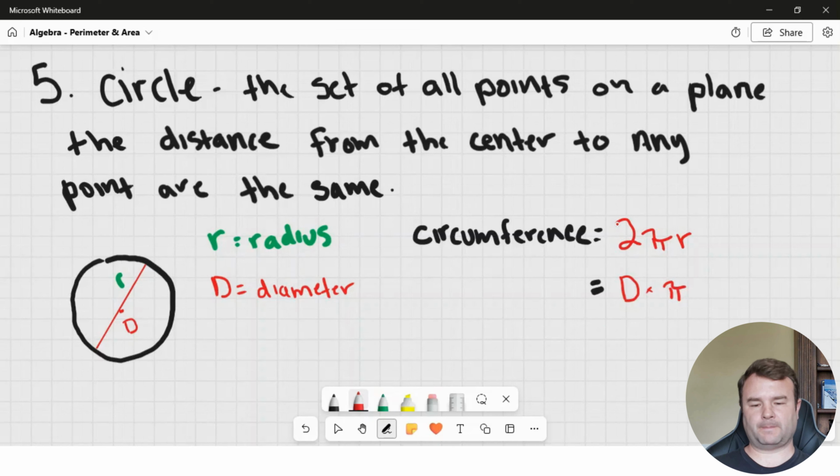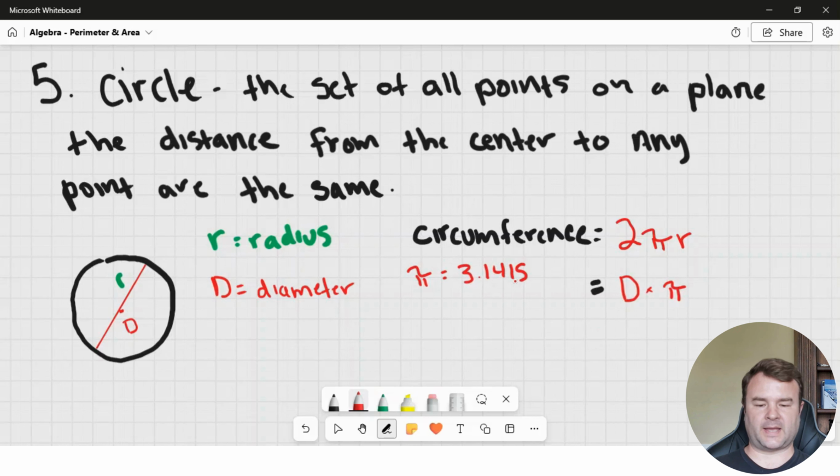Now pi is this constant, which is approximately 3.1415926535897, and it continues on forever. But it is just a way to relate the circumference to the radius or the diameter.